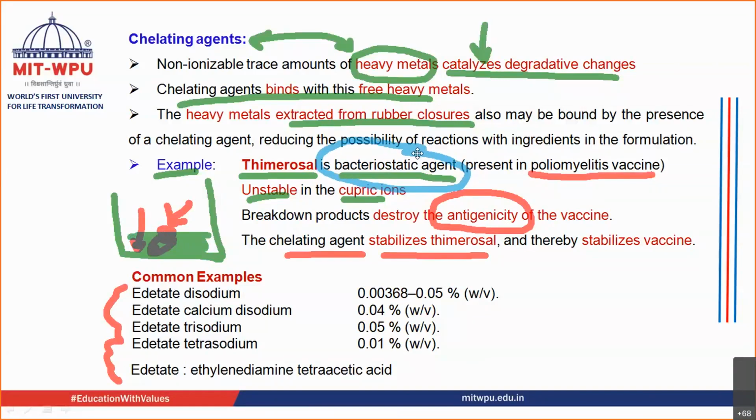And as it shows its bacteriostatic action, this polio vaccine is not going to get destroyed. Okay, so this is one of the examples of how the chelating agents are acting. Examples are EDTA sodium, disodium EDTA, trisodium EDTA, tetrasodium EDTA, calcium disodium EDTA. So these are the different examples of chelating agents.